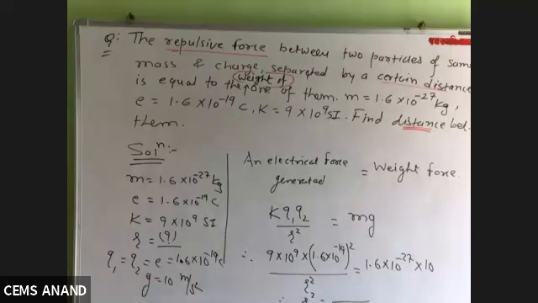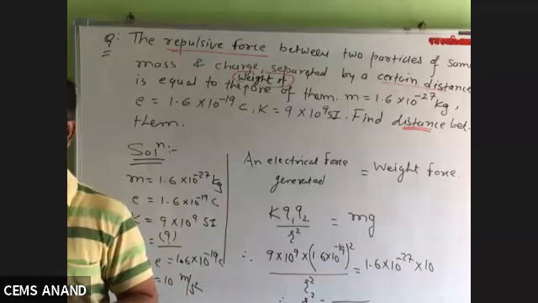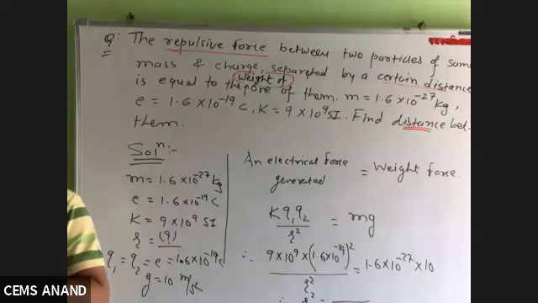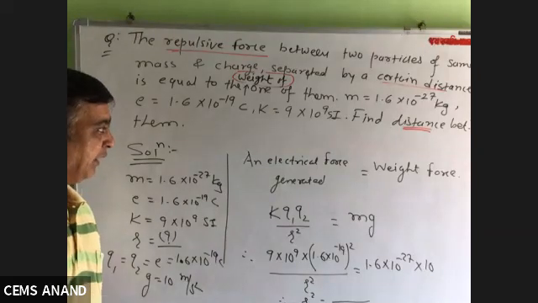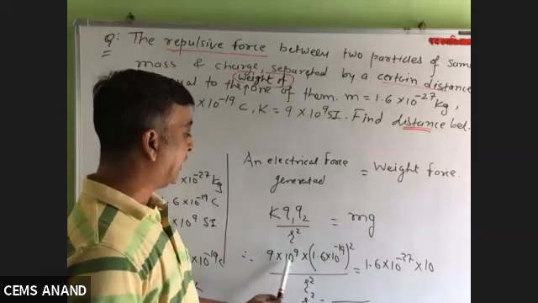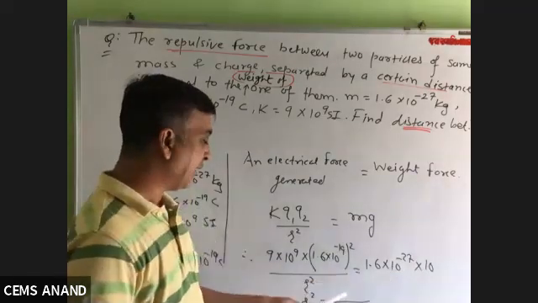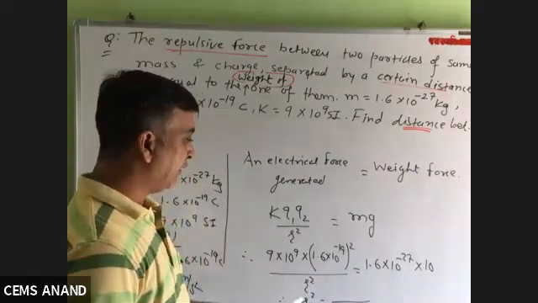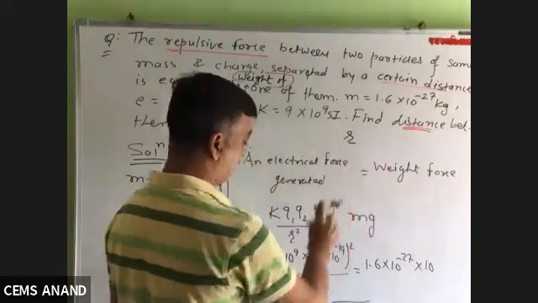So I can see that 10 of you are ready with the answer. After multiplying these two quantities and then dividing by this quantity, the final value of r, I am saying r, not r square.